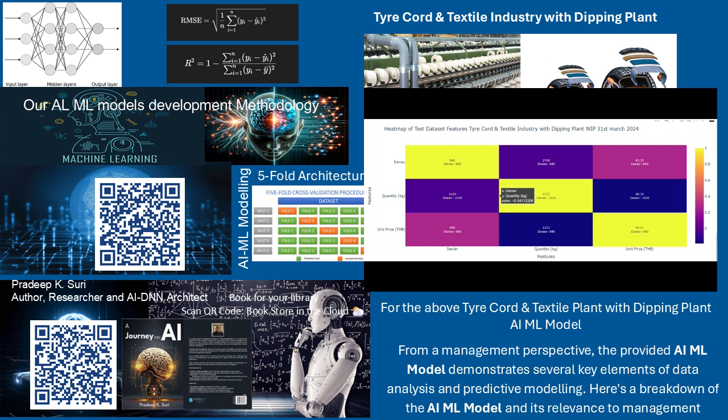Importance of heat maps for DSS. Heat maps are valuable tools in decision support systems, DSS, for several reasons. 1. Feature analysis: they help understand the relationships between variables in a data set, aiding in feature selection and model building. 2.